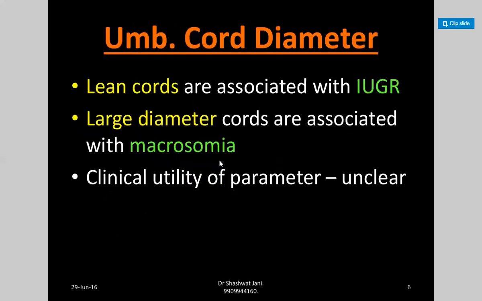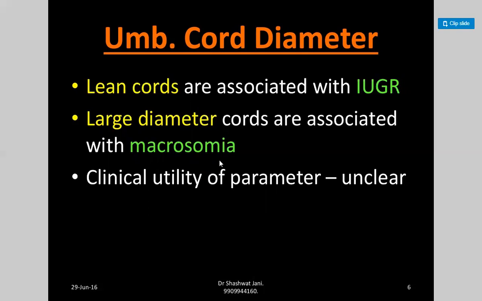Then the umbilical cord diameter. It can be a lean cord or a large diameter. Yes, definitely it can lead to problems from the diameter point of view also. If it is very small in size, then it is lean, and blood supply does not take place properly, so it can lead to IUGR. Now what is IUGR? It is intrauterine growth retardation, and the second synonym is small cord deficit.